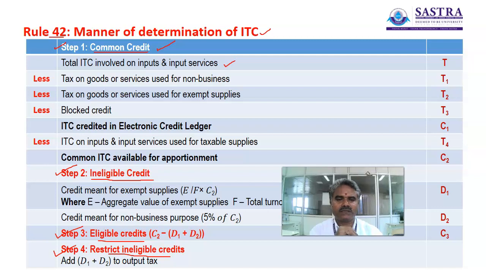Because I already told you, once you registered your business, immediately 3 ledgers are opened: electronic cash register, electronic credit register, electronic liability register. These 3 ledgers are opened mandatorily when you complete the registration process online.